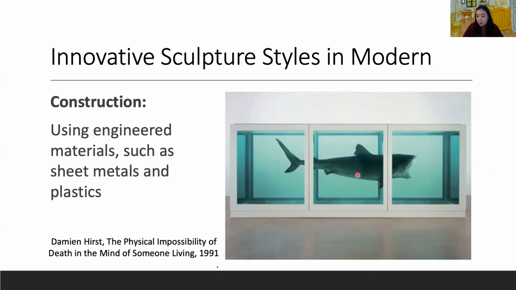So this is a real shark. And of course, not every part of his work was constructed. Hirst had a shark caught by fishermen, and the entire work resembles a dissection specimen in a biology class. And Hirst is known for creating his sculptures from unusual objects that contrast life and death.